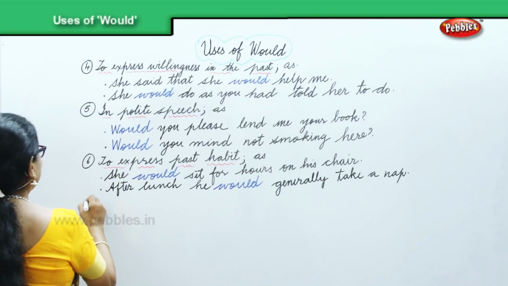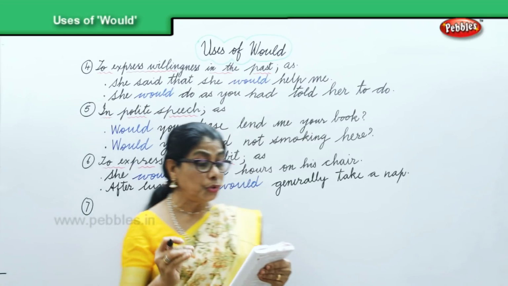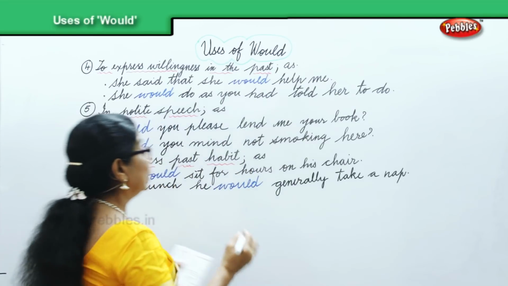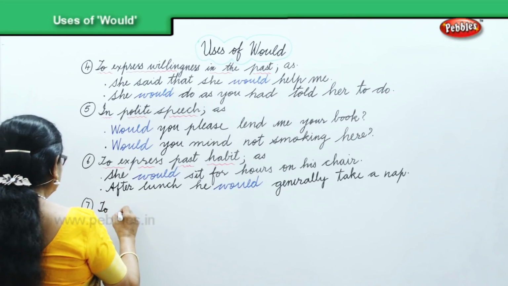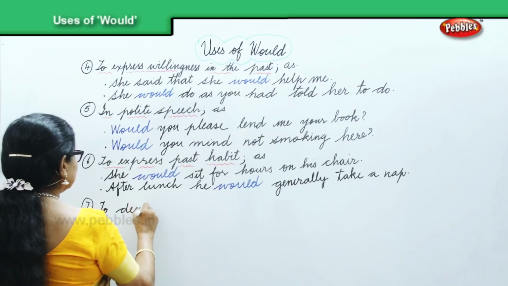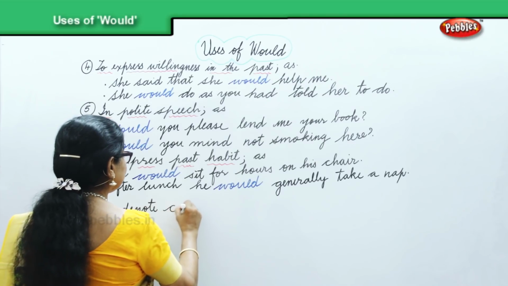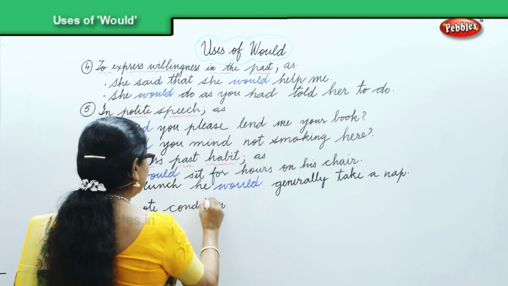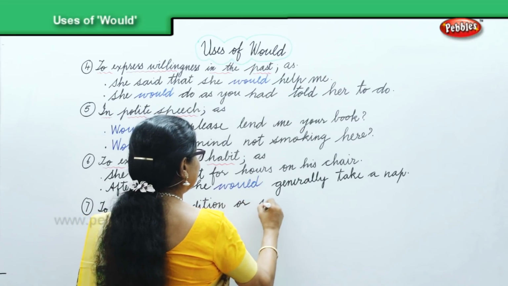And finally, we have the seventh type. We have to denote condition or uncertainty. What is the seventh type? To denote condition or uncertainty.